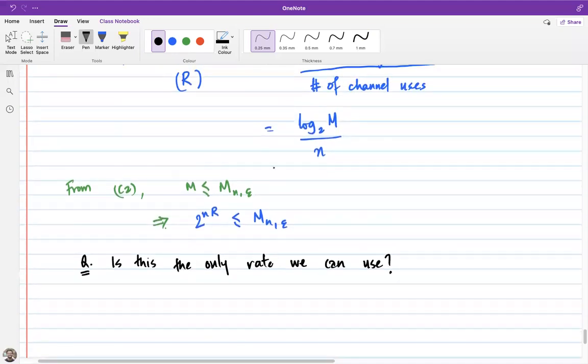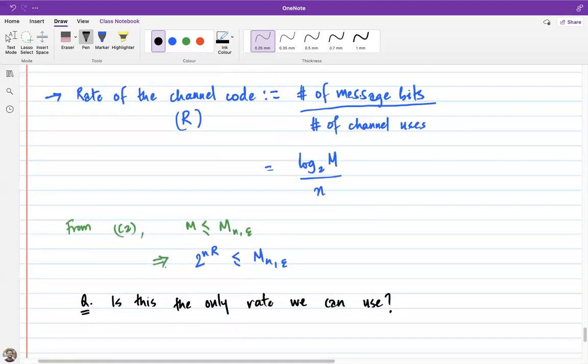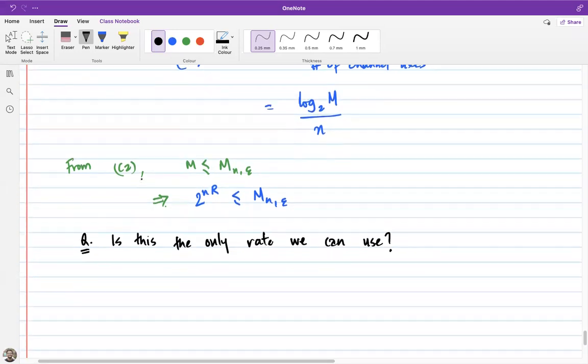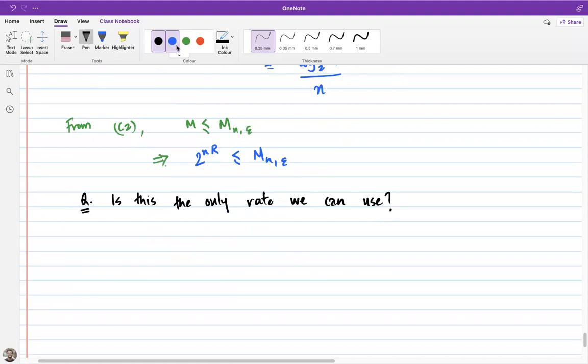Note that since rate is simply the ratio of the number of message bits that you want to transfer to the number of channel uses, you always try to maximize this R. The more message bits you can transfer in fewer channel uses, the better. So increasing R is always desirable.